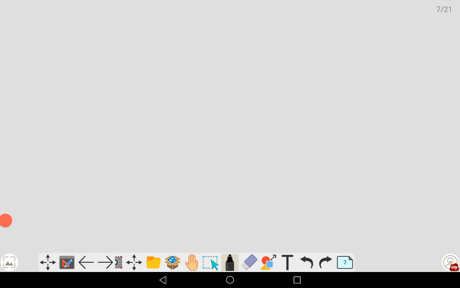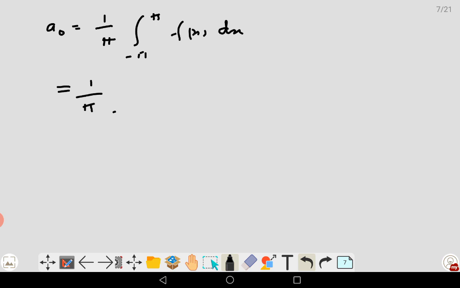The formula for a0 is 1 over pi, from minus pi to plus pi, integrate f of x dx, 1 over pi, there will be minus pi to 0. What is the function?